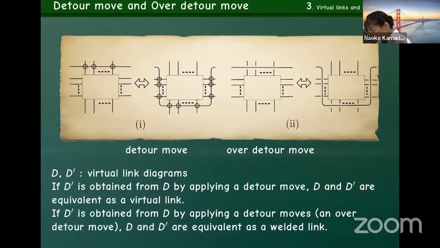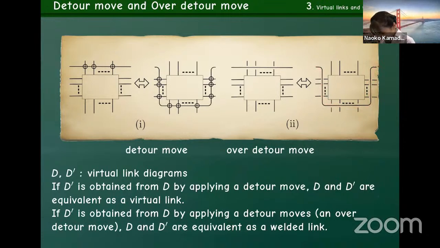For the over detour move, this is part of an arc with classical crossings, but it is just an over arc. Then it moves like this, consisting of over arcs.